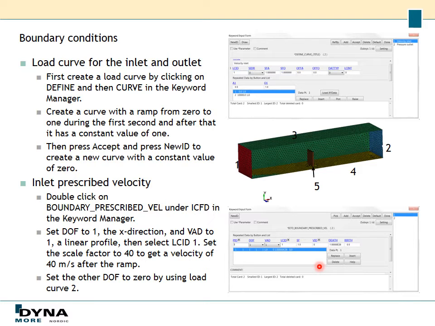So after 1 second. And then set the other degrees of freedom to 0 by using load curve 2. So press insert after each new degree of freedom and then press accept.